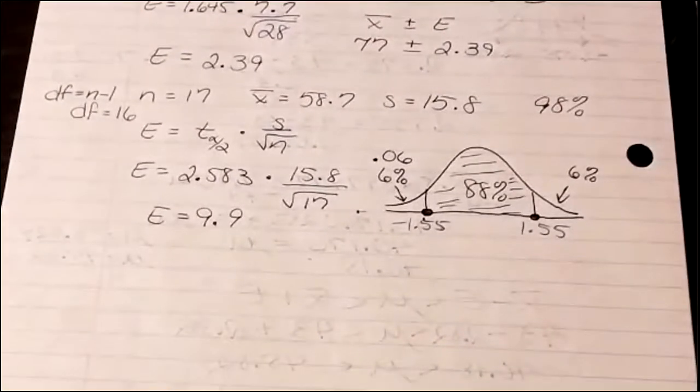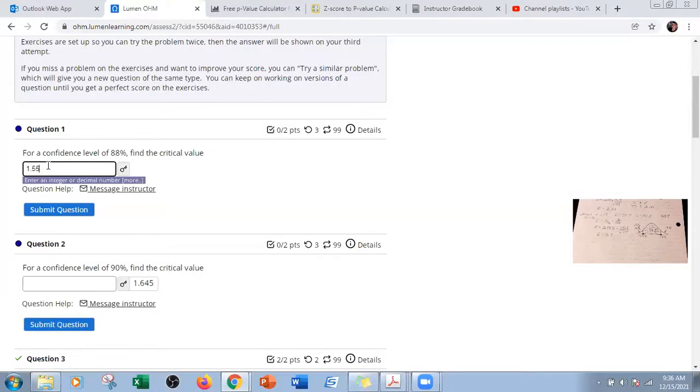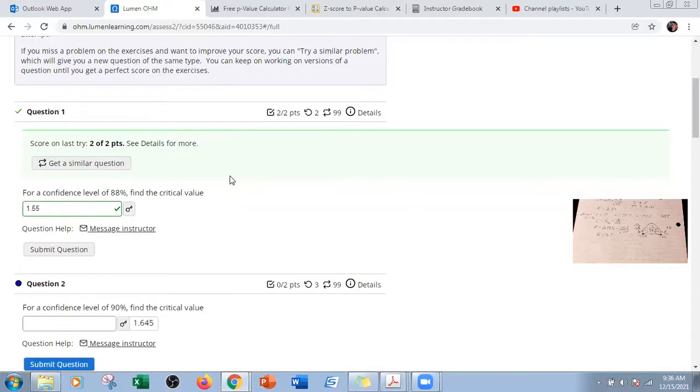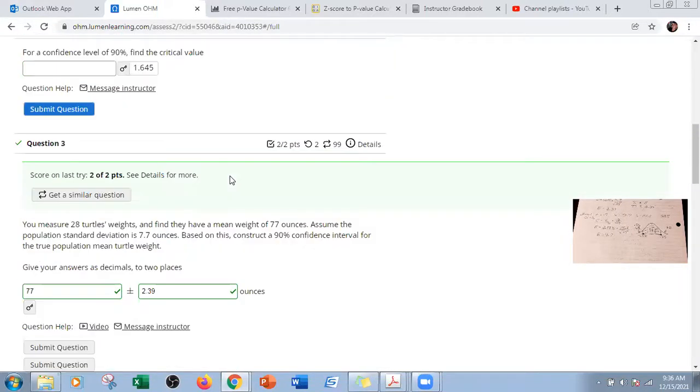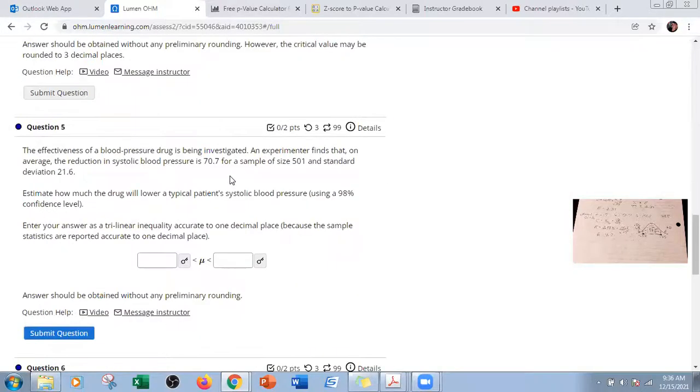Using that information, I'm going to go ahead and go back to Lumen. Oh, what's going on here? Let me share my screen. And then I'm going to type in 1.55 and let's submit, and you're done. Beautiful. Ava, does that make sense to you now?